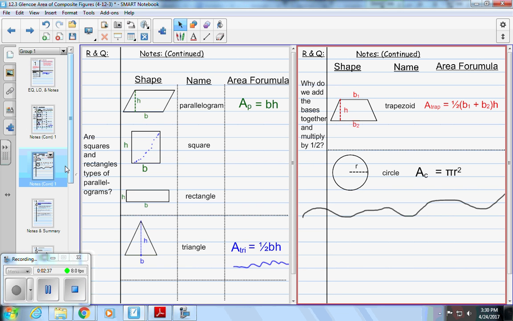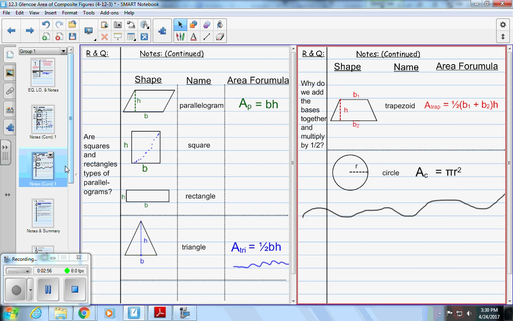Yeah, if you said we had to average the bases' lengths, that's why we're adding them together and cutting them in half. We're just finding the average base length of the trapezoid. So that's why the area of a trapezoid's formula is 1/2 base 1 plus base 2 times its height.